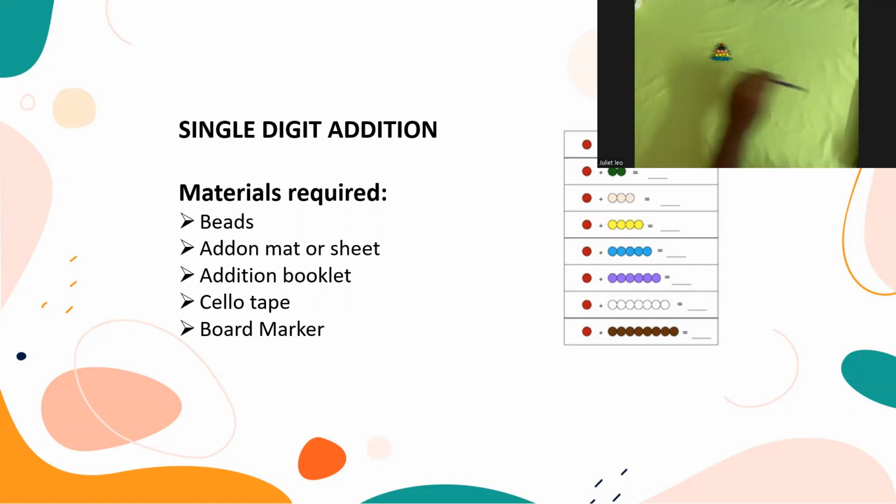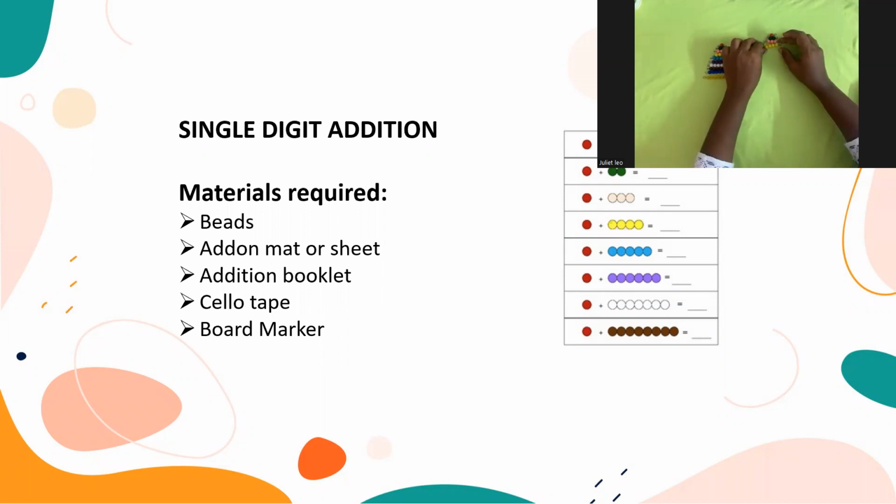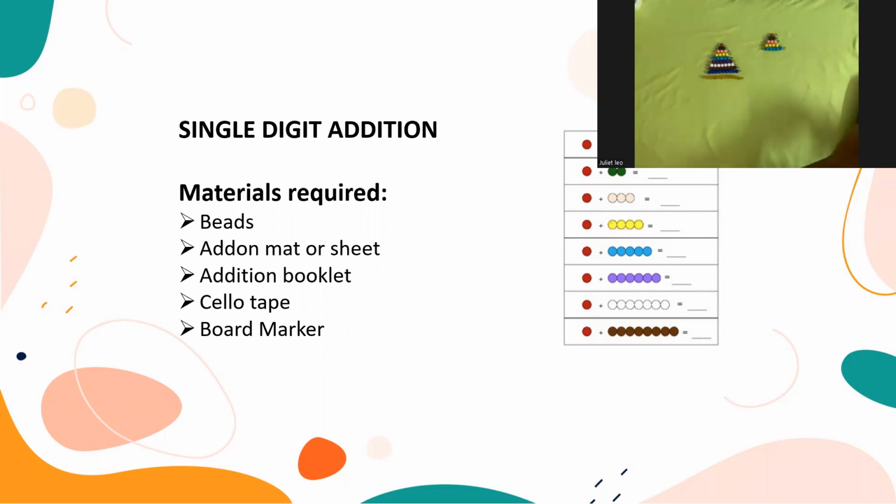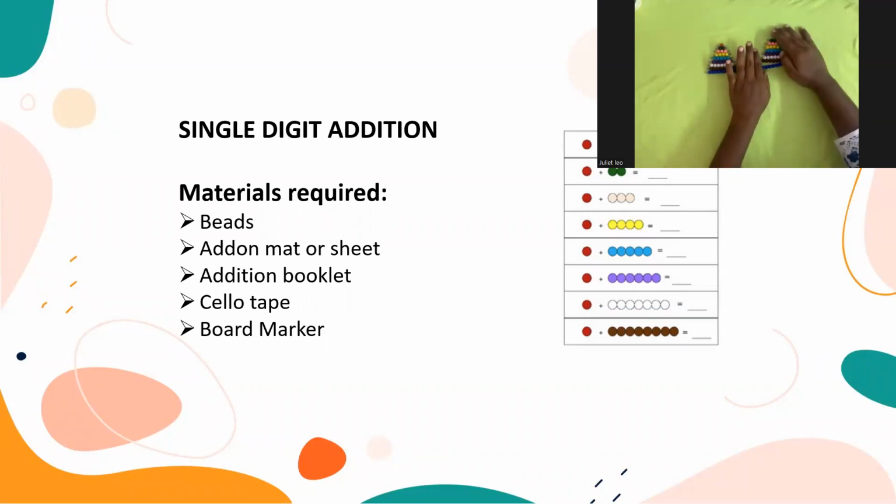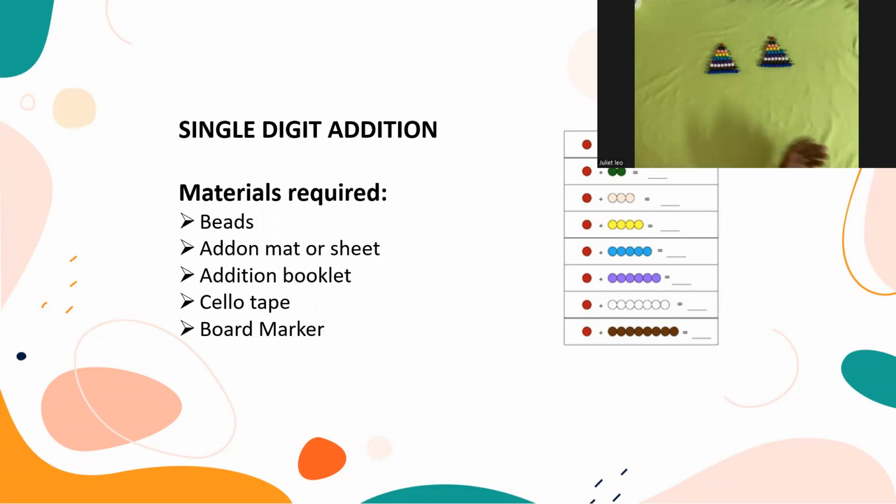I have chosen 3 pyramids, like 3 triangles, because we are going to take the first addend from the first triangle, the second addend from the second triangle, and the answer in the other triangle. Suppose you have two kids, we can ask the first kid to take the number from the first bead stair and the second number from the second bead stair. Like this we can engage them.